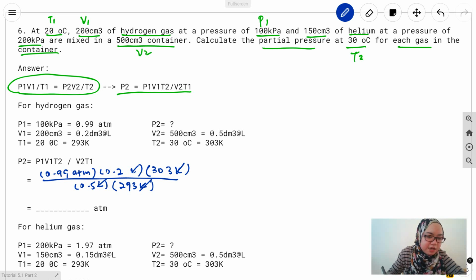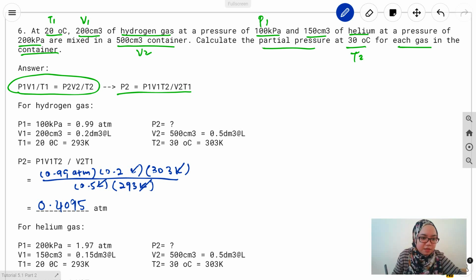So we will get the answer 0.4095 atm. This is what we got for the answer.